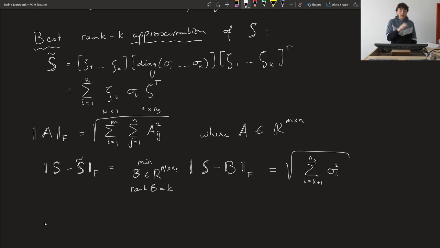So by doing this, we get the best possible approximation to our snapshot matrix in this measure of what is good. And even more specific, we can already, in an a priori sense, without doing any further analysis, explicitly say what that error is going to be. It's going to be the sum of all the remaining singular values. So this whole notion is called the Schmidt-Eckart-Young theorem.